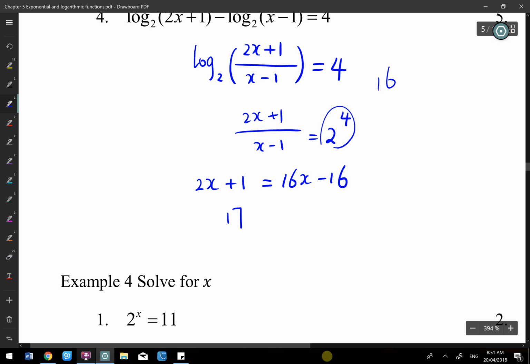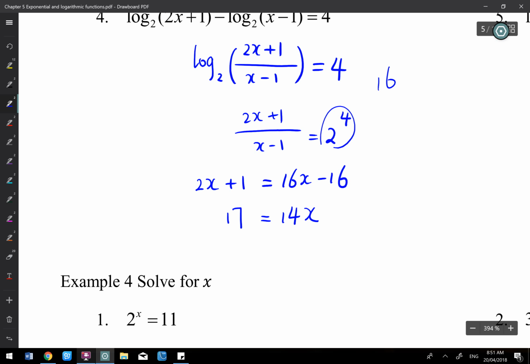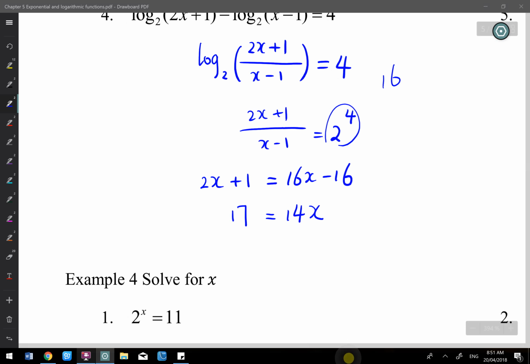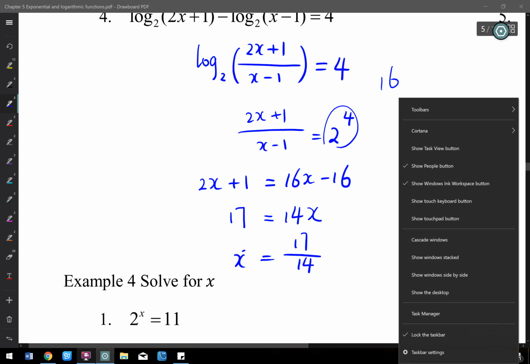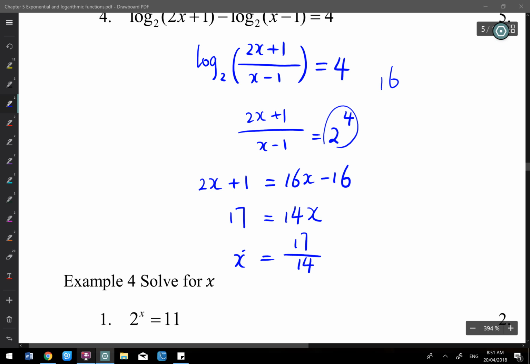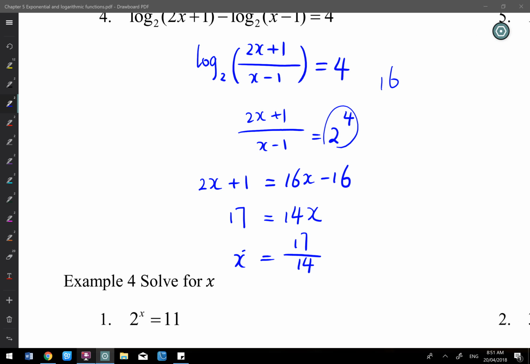We have 17 equals 14x, plus the 16 minus the 2x. 17 equals 14x, and x equals 17 over 14. That's how you should solve for log. We first need to combine into one log, then convert into exponential form, and then solve for it.